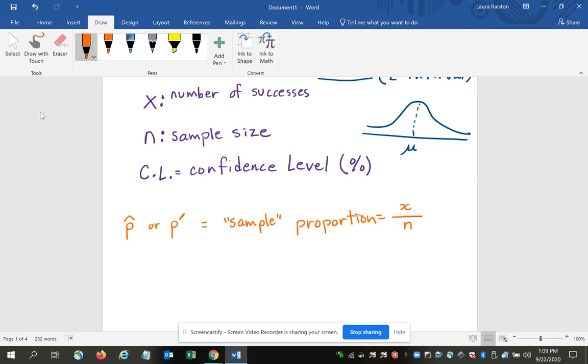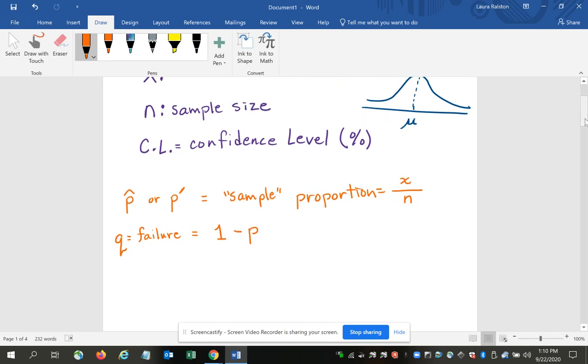If we talk about success, we also have to talk about failure. In some books, they use the letter q to represent a failure, and the formula for q is 1 minus p hat, or actually, excuse me, it's just 1 minus p, 1 minus the proportion. You'll have some other symbols in there that we'll talk about as we go, but again, all of this can be done on your calculator.